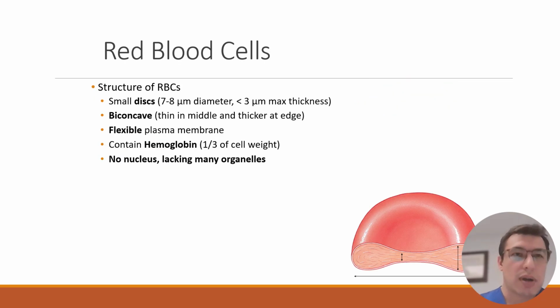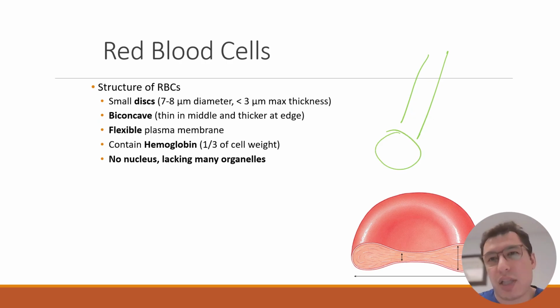Red blood cells are small discs that are biconcave. They are very flexible because the capillaries that they go through are sometimes just a fraction of what they really are. So they have to bend onto themselves to go through these capillary vessels.